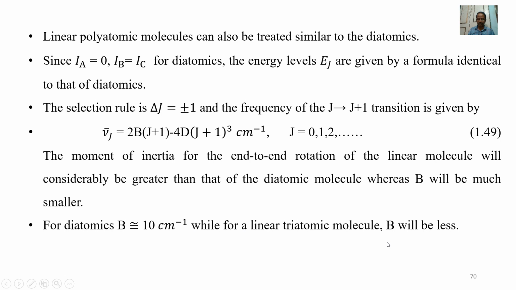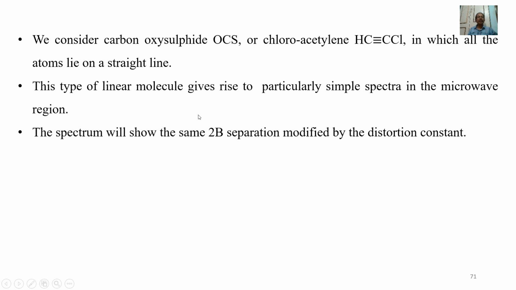We consider carbon oxysulfide, that is OCS, in which all the atoms lie on a straight line. This type of linear molecule gives rise to a particularly simple spectrum in the microwave region. The spectrum will show the same 2B separation modified by the distortion constant.